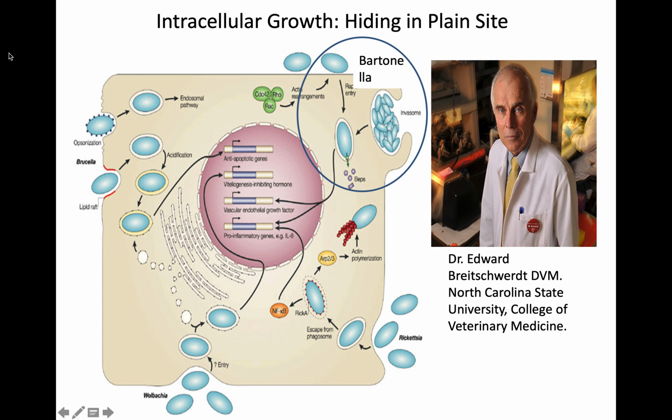They also enter in a different way; in this case, the cell enters on some lipids known as a lipid raft. You don't have to know all four examples. I would say just focus on the Bartonella henselae up in the right-hand corner. I'm going to talk a little more about that in the next slide or two.